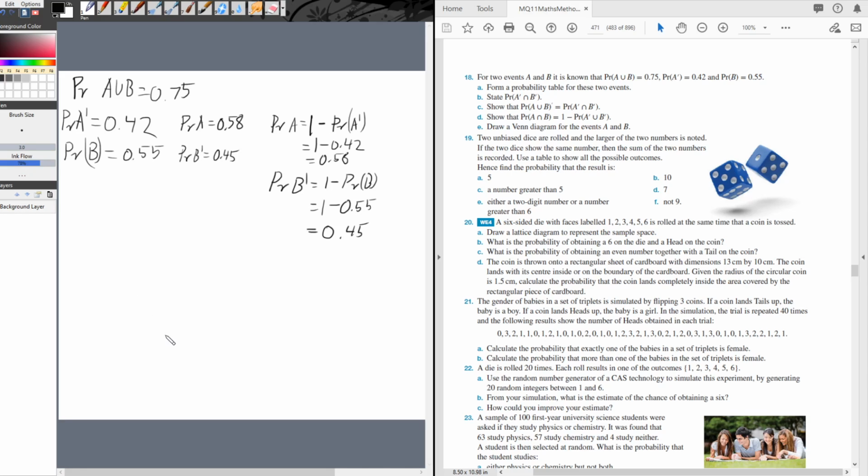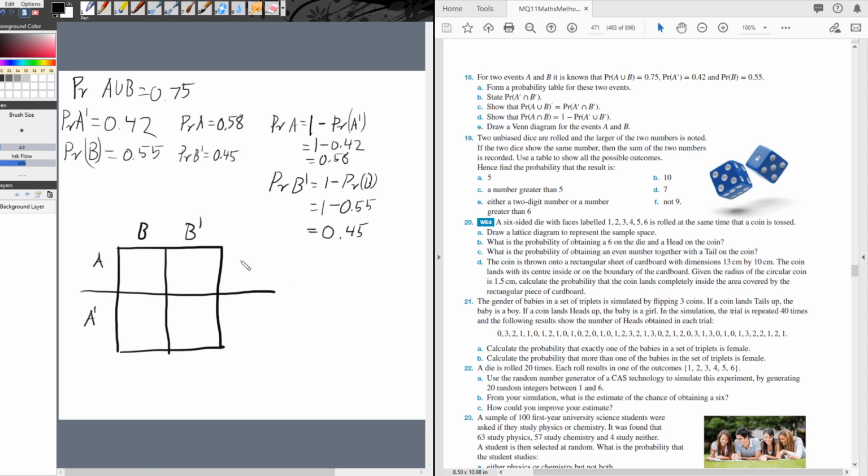So now we have enough information to fill in a two-way table because we have some totals. So let's draw a two-way table. We'd write B, B dash, A, and A dash. It doesn't matter which side you put it on, as long as it makes sense to you. So we then also have our total columns.